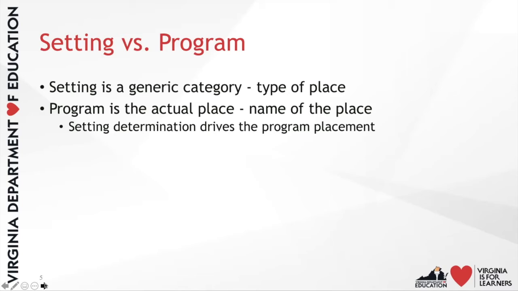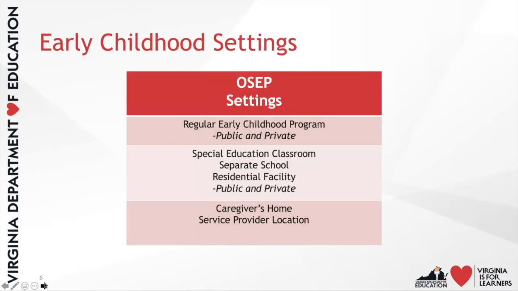In the next slide, we will be going over the different types of settings as defined by the Office of Special Education Programs, or OSEP. It is important to understand the settings when reporting Indicator 6 data. OSEP defines different types of educational settings for children aged 3 through 5 and in preschool.